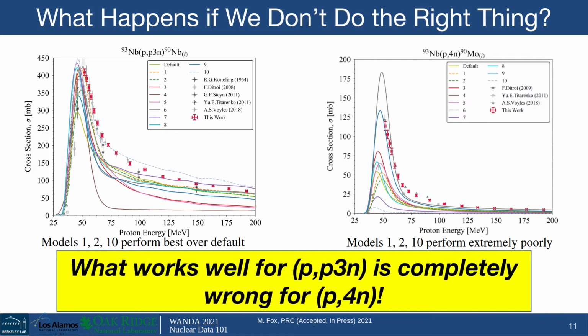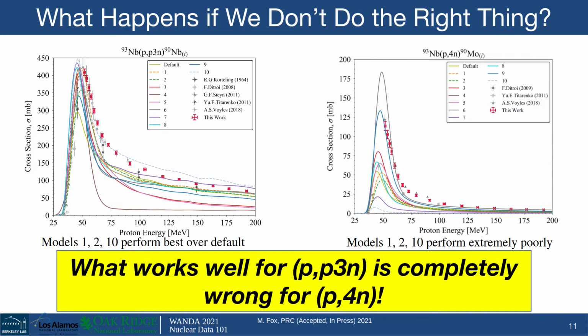Well, if we look just at this one channel, we can see that models 1, 2, and 10 perform best over the default calculations. Are we actually improving the predictive power from these codes? Have we generated some sort of information to help us improve modeling and get out a correct solution? These are questions that users should ask themselves as they make these types of adjustments.